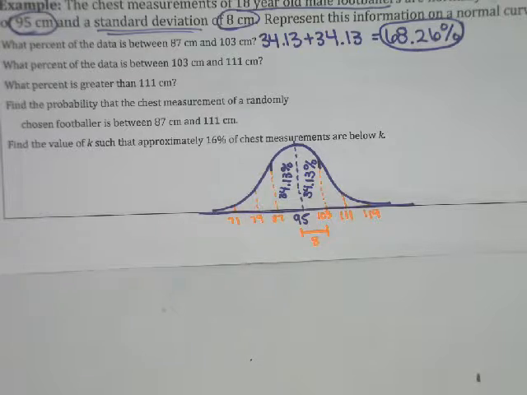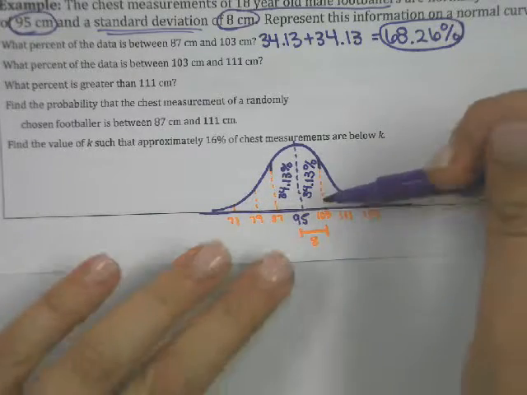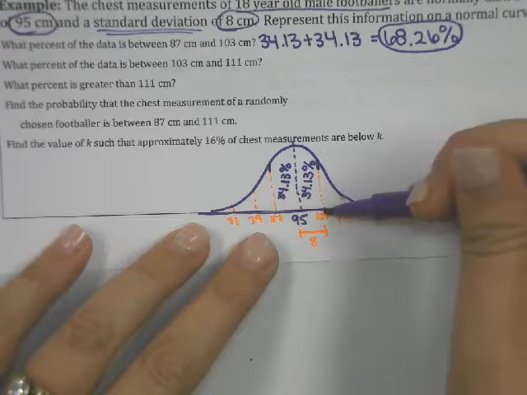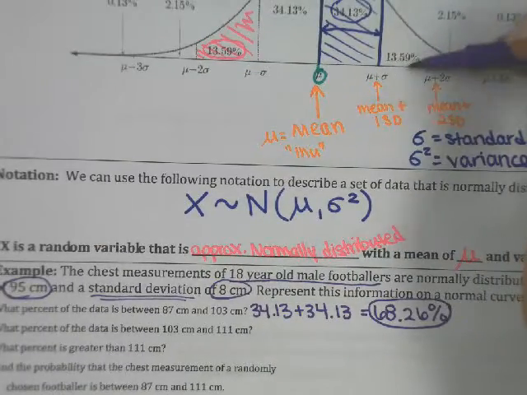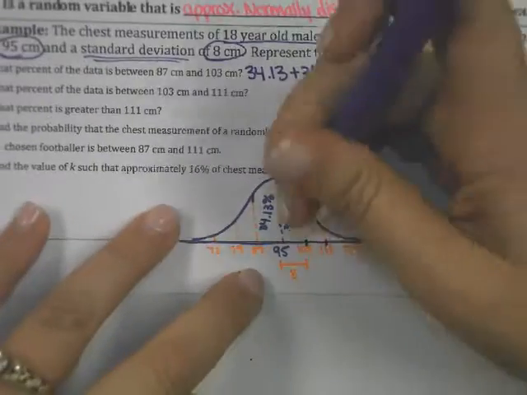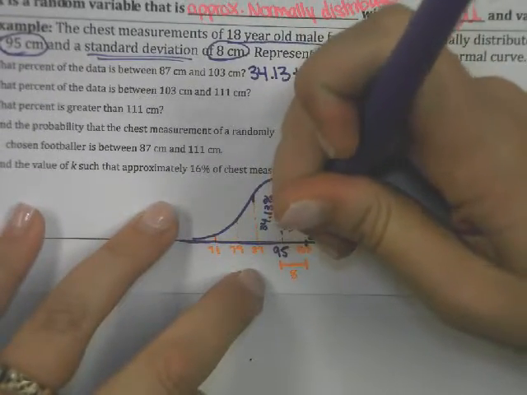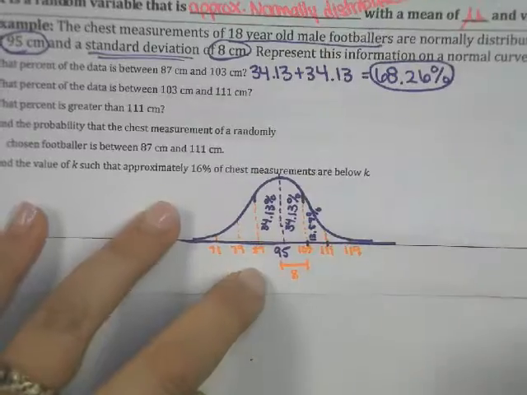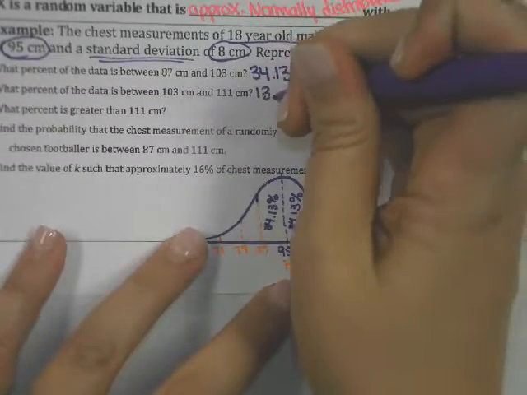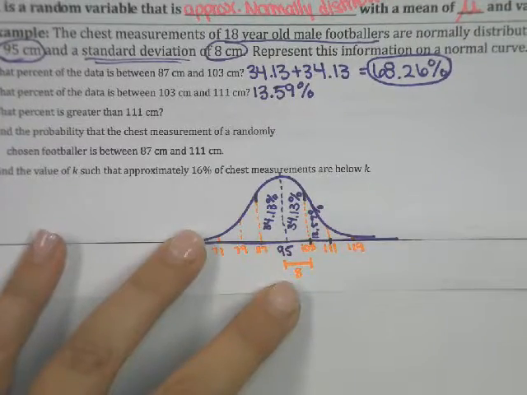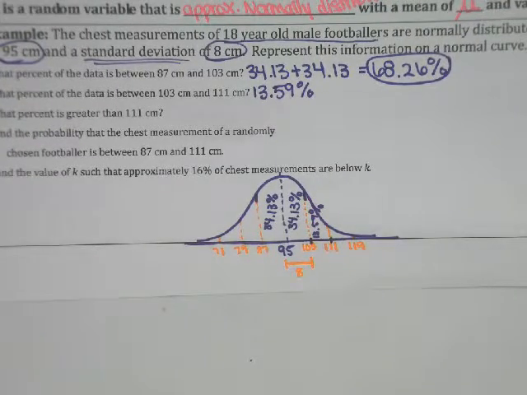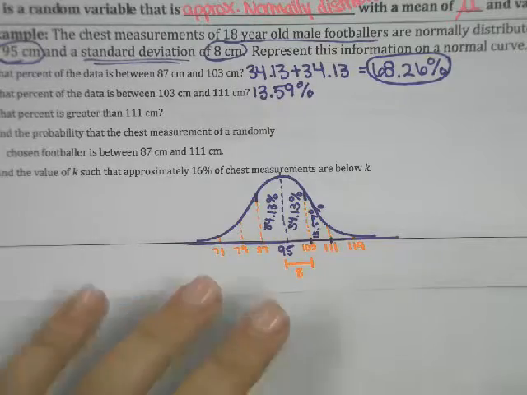Okay, the second part says what percent of data is between 103 and 111. So 103 is here, 111 is there. If we look up above, that section is 13.59. And so that's what our answer is here. All right, what percent is greater than 111?